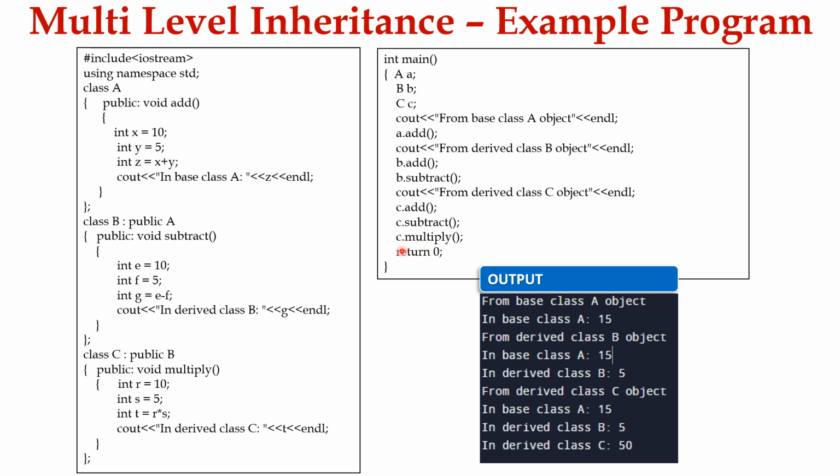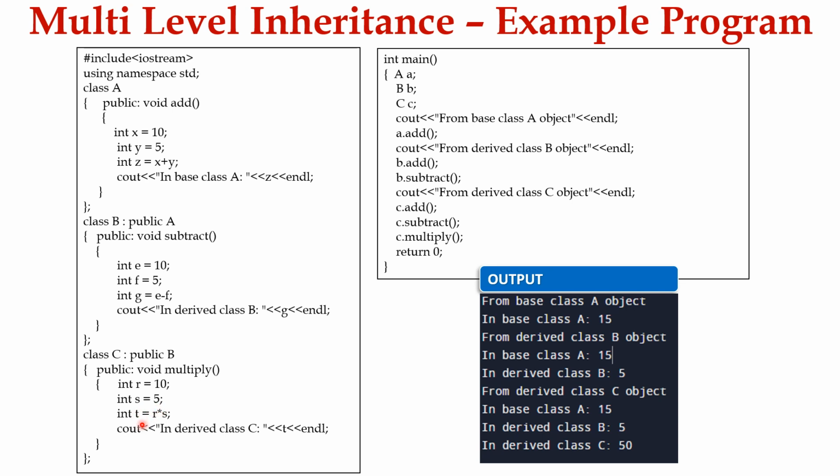So next, the statement c dot multiply gets executed. Using the object of class C, the multiply function is accessed, which is available in class C. Here the value of the variable R is 10 and the value of variable S is 5.